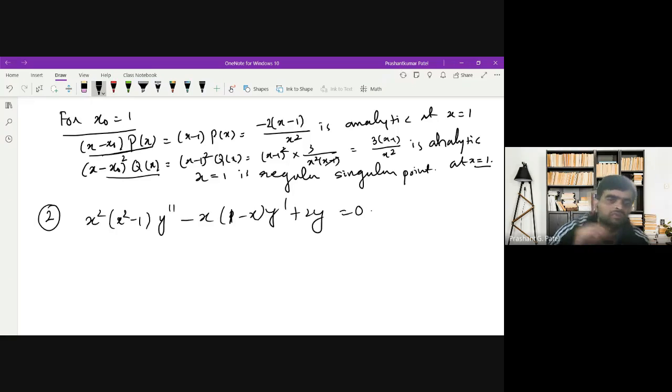The question is to find the regular singular points for this differential equation. Okay, so I'm giving you this example to try on your own. Take up a notebook and pen and solve this. I'm giving you 2 minutes to do this.